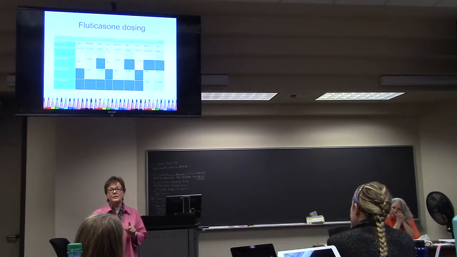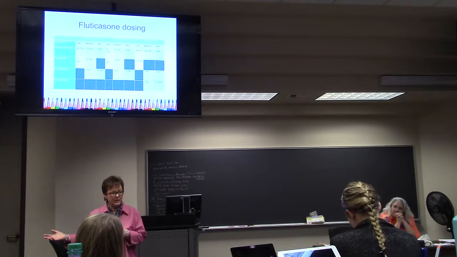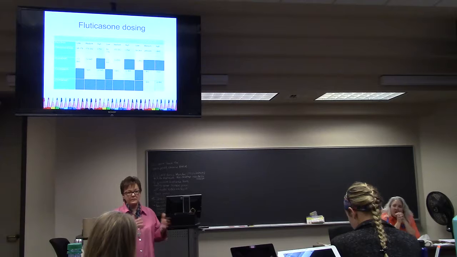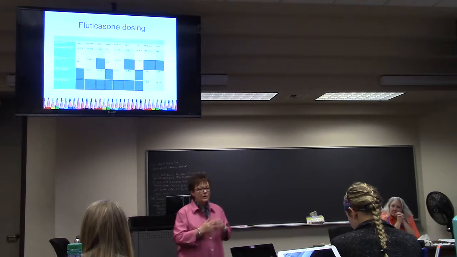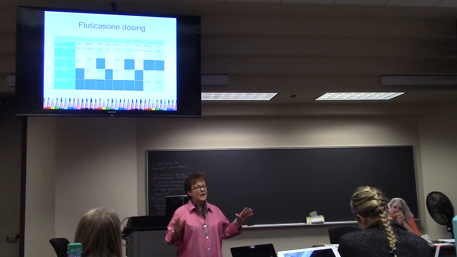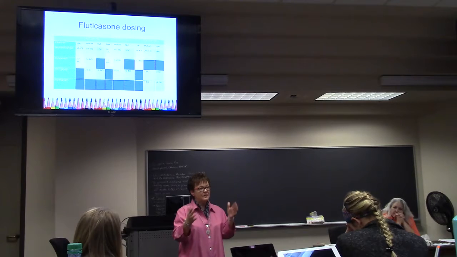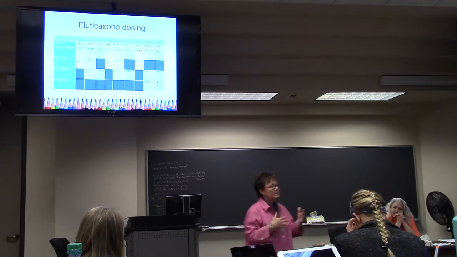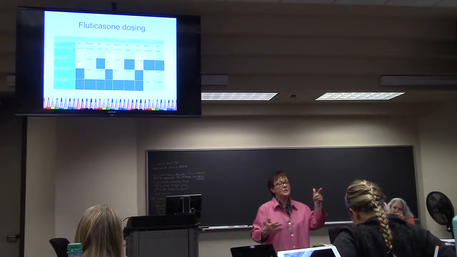FEV1. And we don't measure their FEV1, we use what? Peak flow? Peak expiratory flow rate. They're very similar. Okay, so we look at all those things, and then we're going to judge severity, and that will dictate. If they've got mild persistent asthma, they're going to use the low.